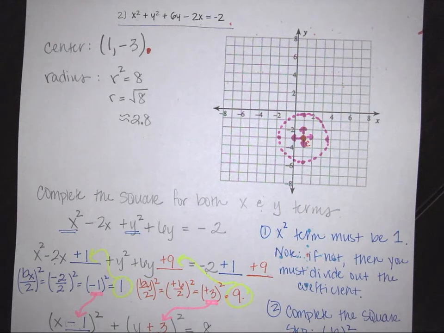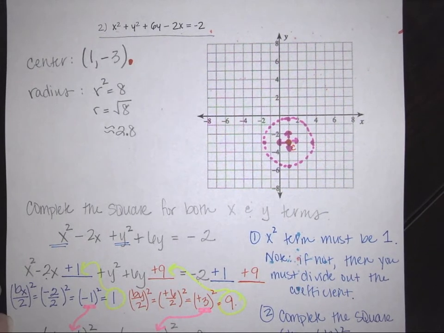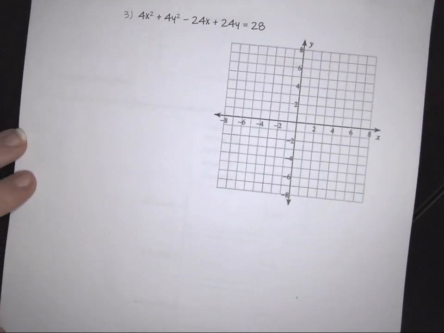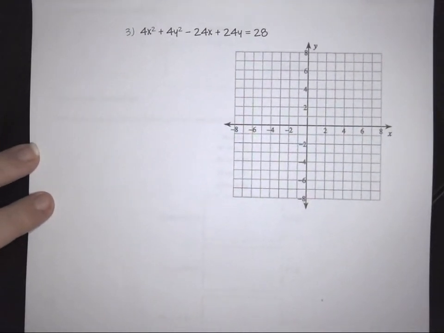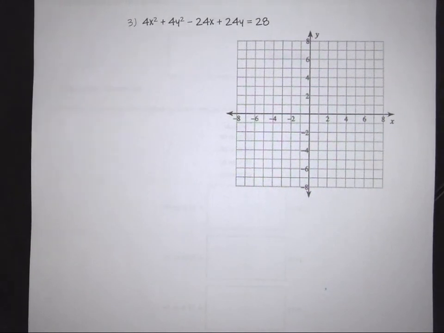I have graphed my center and I have graphed my circle, and I did it using the complete the square method in order to solve. Alright, last thing that I wanted to do is show you that complete the square method when you have a coefficient on your x squared term.